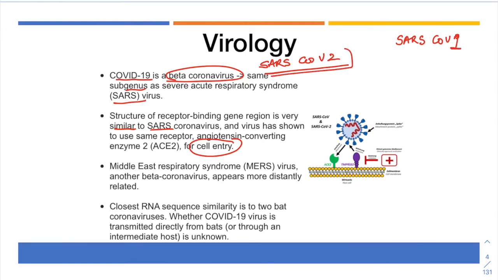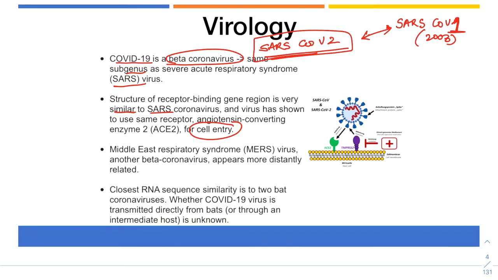This novel coronavirus, that is the SARS coronavirus 2, it is similar to the coronavirus 1 which originated in 2003 in China itself, but there are few genetic differences from the first SARS virus, and therefore it is termed as the novel coronavirus.